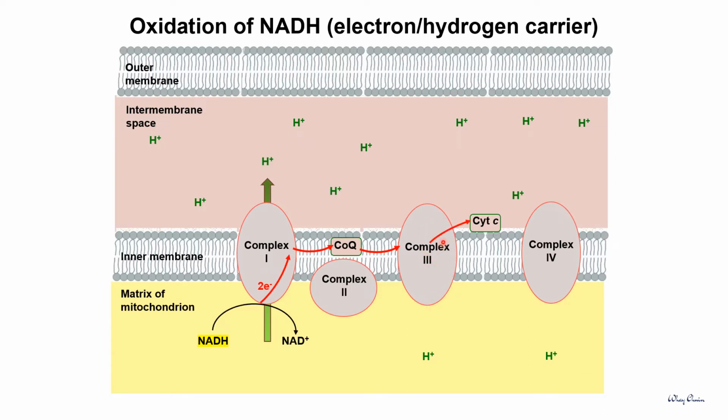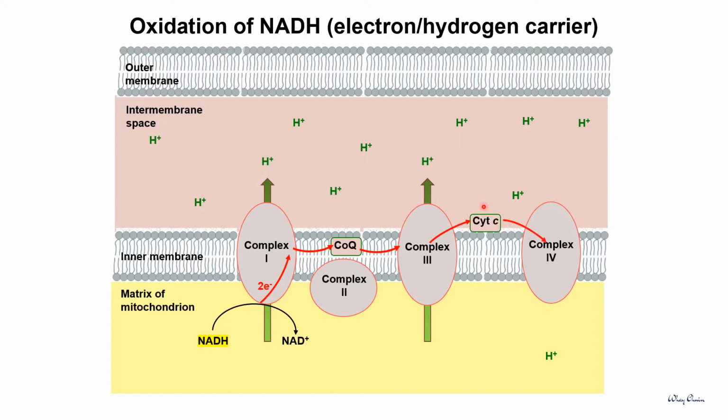So they will pass the electrons to the next electron carrier, which is cytochrome C. The flow of electrons will release energy, which will be used to activate the next proton pump, which is complex 3, to pump the proton from the lower concentration, which is the matrix of mitochondria, to the higher hydrogen ion concentration, which is the intermembrane space.